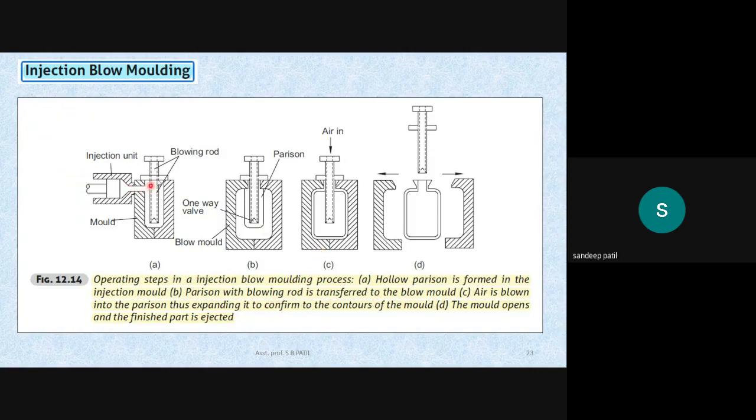The next steps are the same: air is blown into the parison, expanding it to conform to the contours of the mold. The mold opens and the finished part is ejected. Only the way of giving the input to the blow molding is different. That's why it is called injection blow molding, and it uses an injection unit.